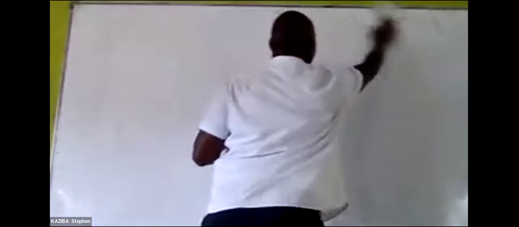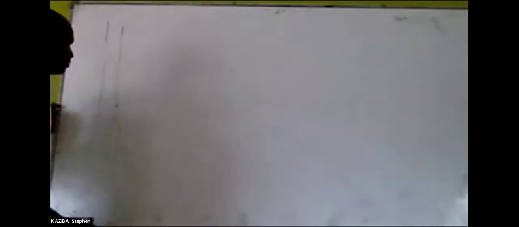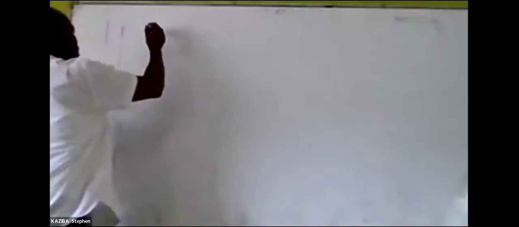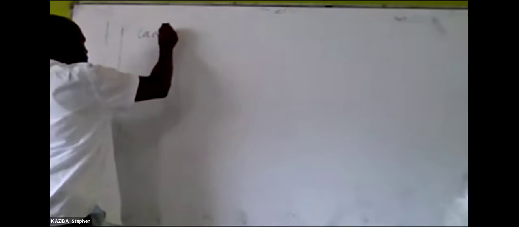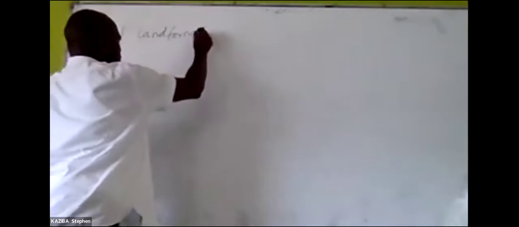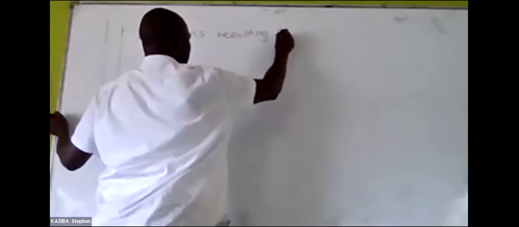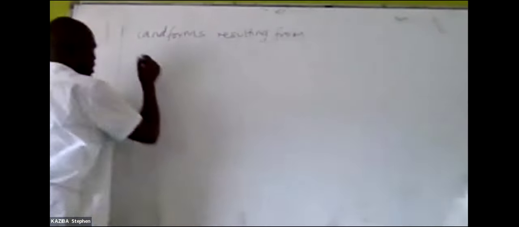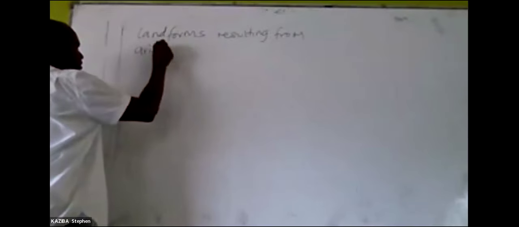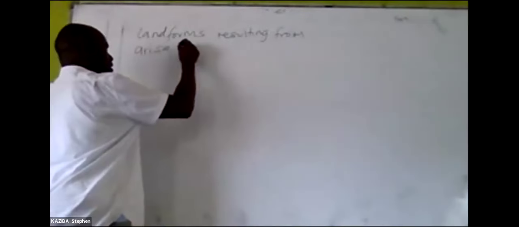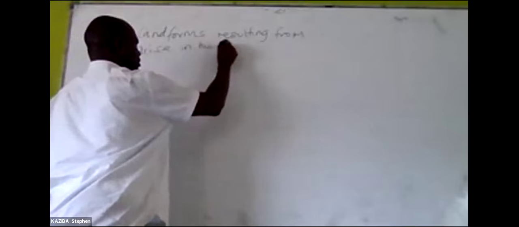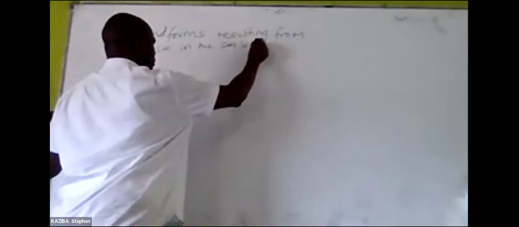Now, the landforms we have here are landforms resulting from a rise in the sea level.